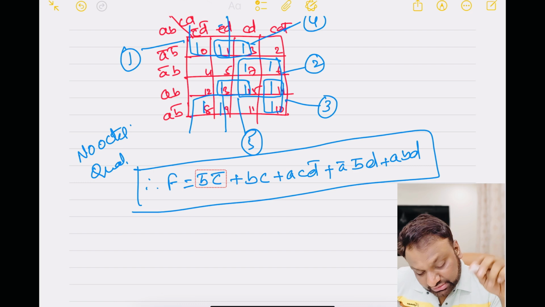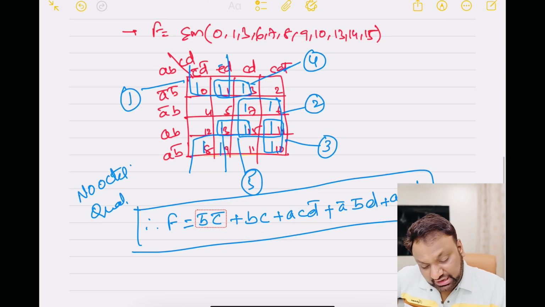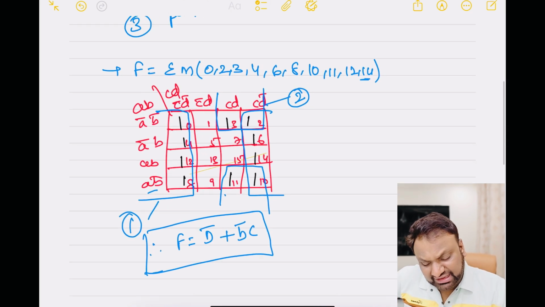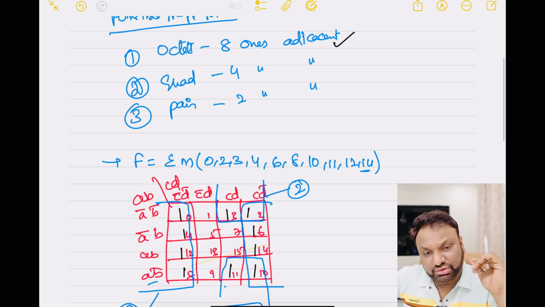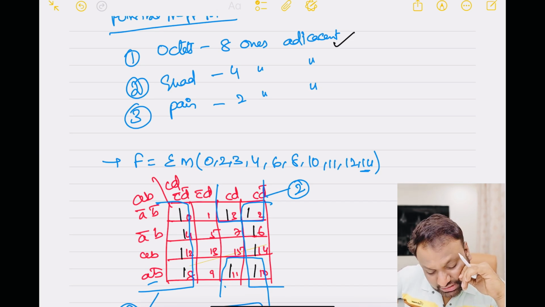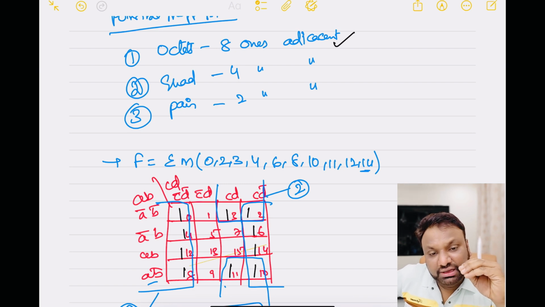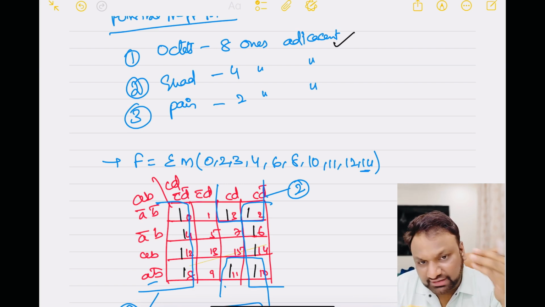So this is a 4 variable K map. It is easier if you understand how to map. Our aim should be to map all the ones.